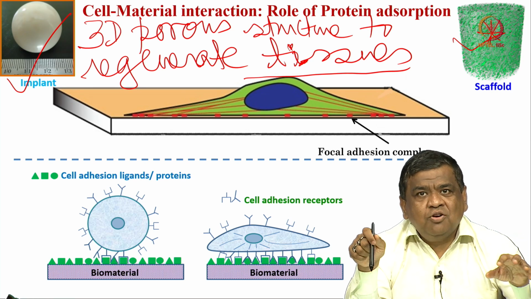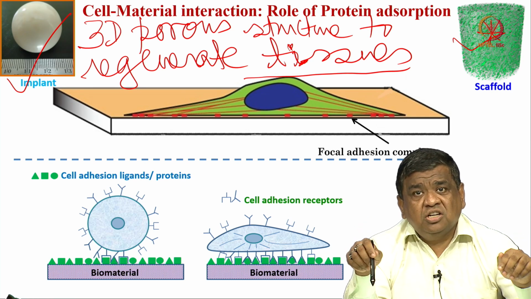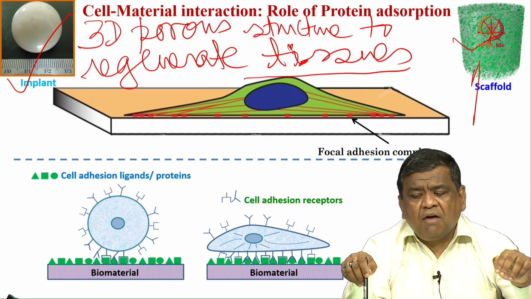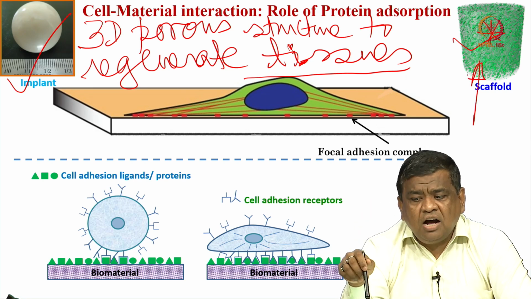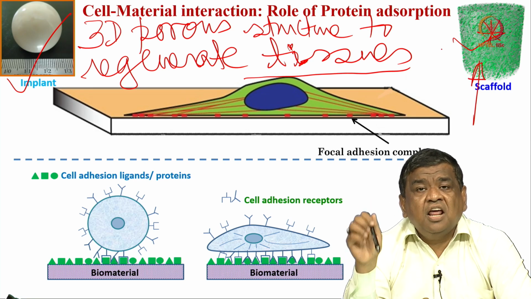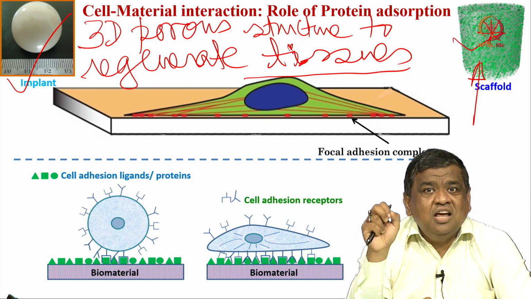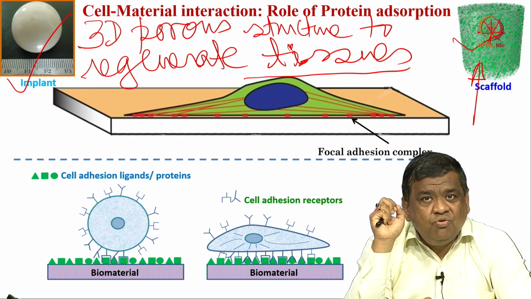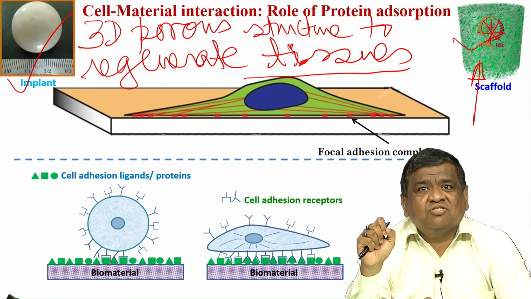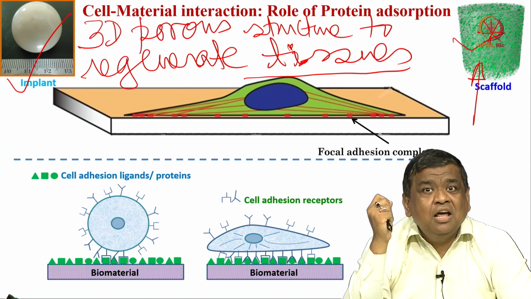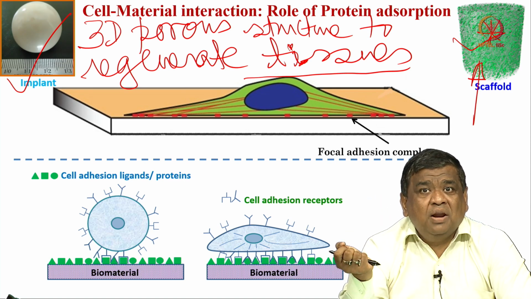Now, which will have better biocompatibility? The scaffold will, because it has a 3-dimensional porous structure. It will allow cells to grow into the porous structure. It will allow blood and nutrients to go inside, so that cells survive, so that tissue formation is facilitated, so that tissue maturation also takes place in the 3D porous scaffolds.